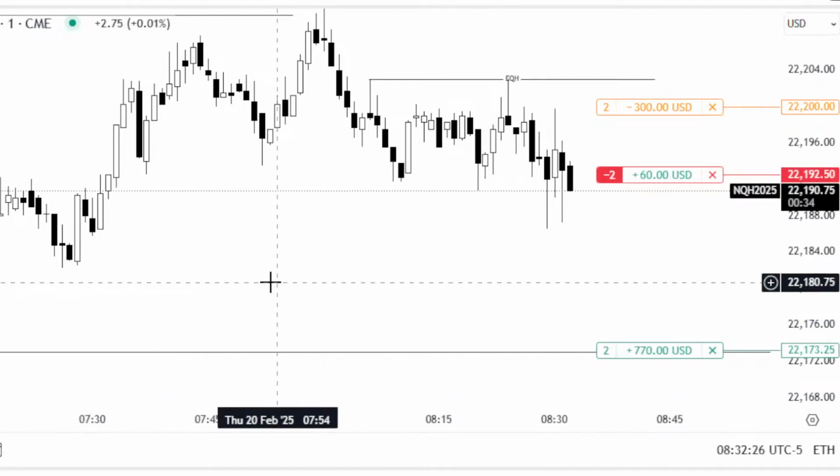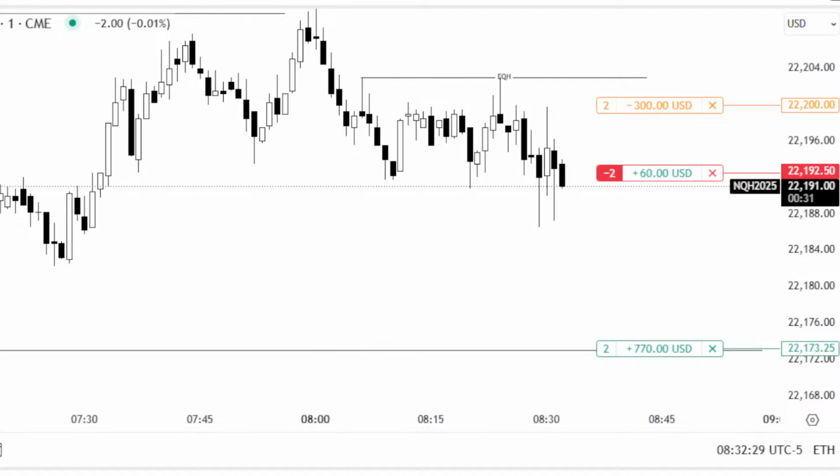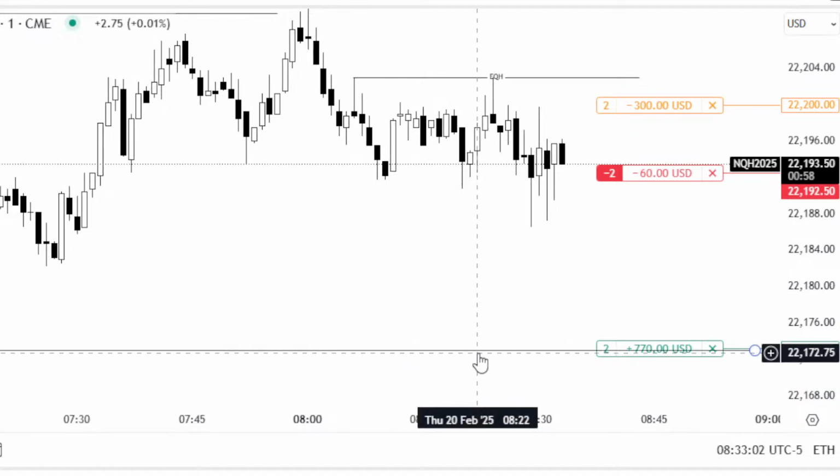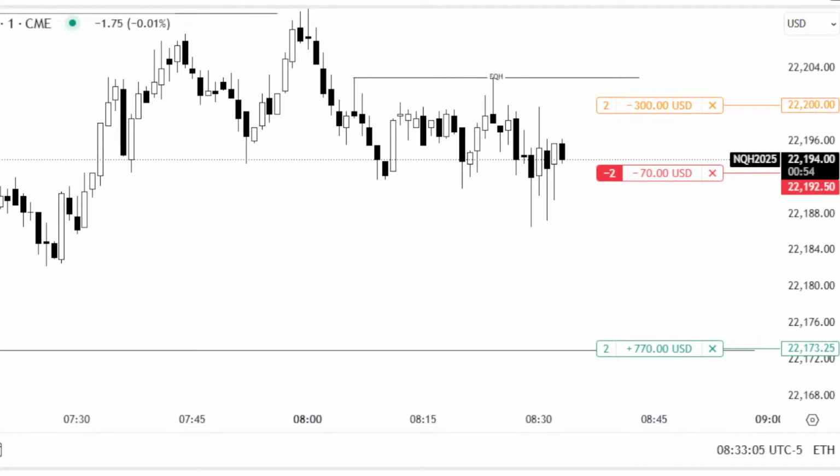Let's see if that push wants to work down. See if we can get this to break these lows.